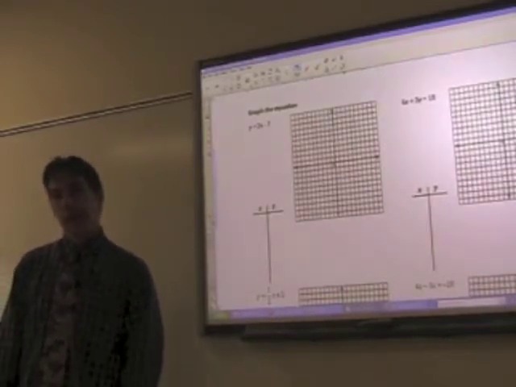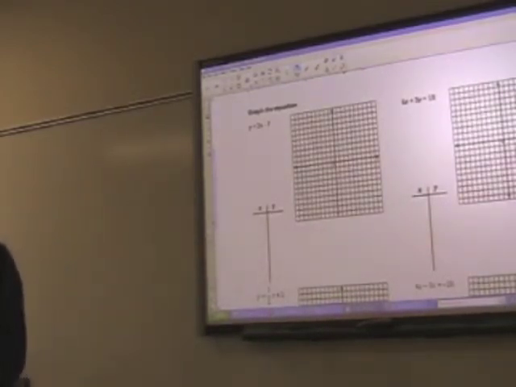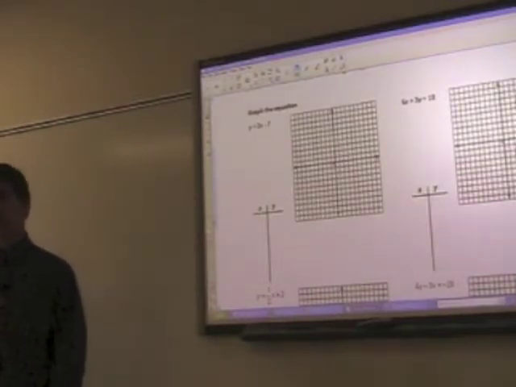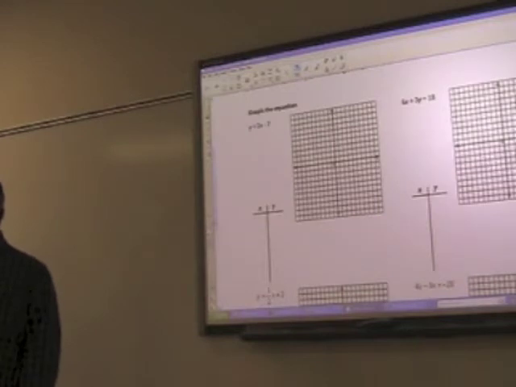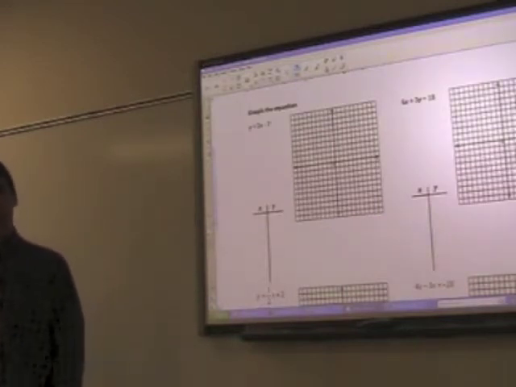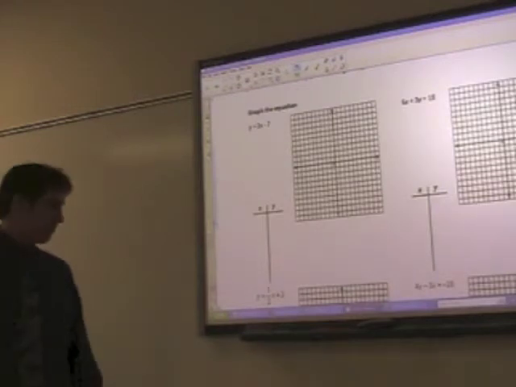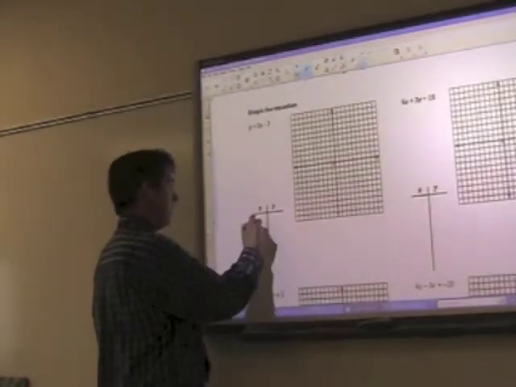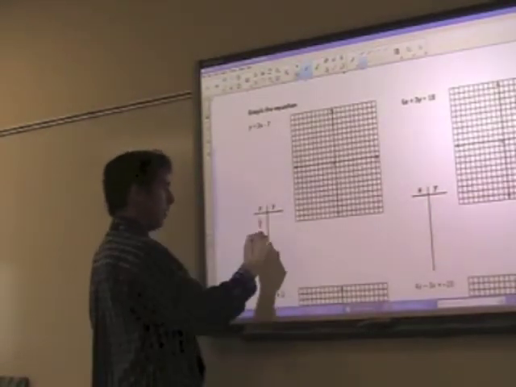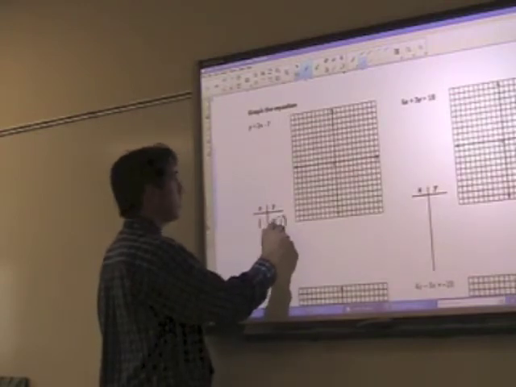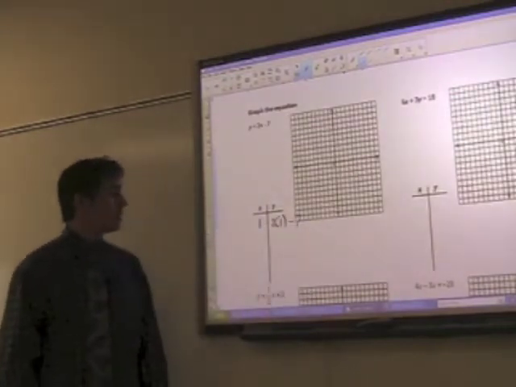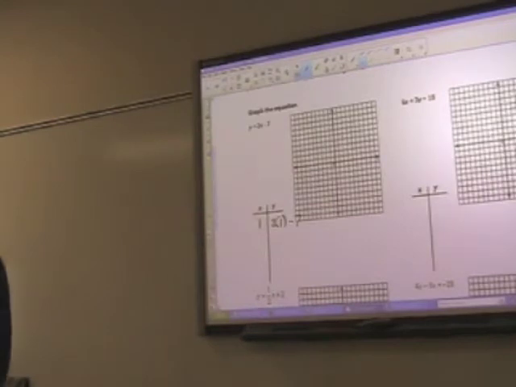How do I find a point? If I have an equation, can I figure out a point that will satisfy the equation? Yeah. How would you do that? You plug in a number, right? Let's try 1. If I plug in a 1, I'm plugging a 1 into here, right? So what I'm actually going to do is put in 2 times the 1 that I chose minus the 7.